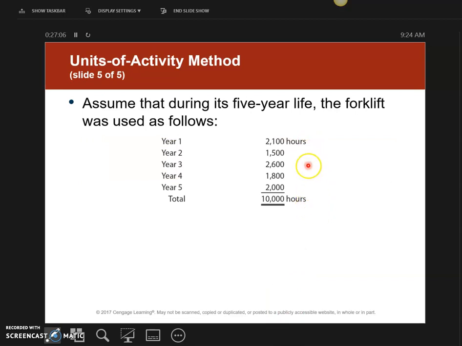Each year, my depreciation expense would be 2.20 times this number, 2.20 times this, 2.20 times this, and so on. However, this has to equal 10,000 hours. Now, if I'm over 10,000 hours, it just means that I no longer can depreciate once I hit 10,000 hours.